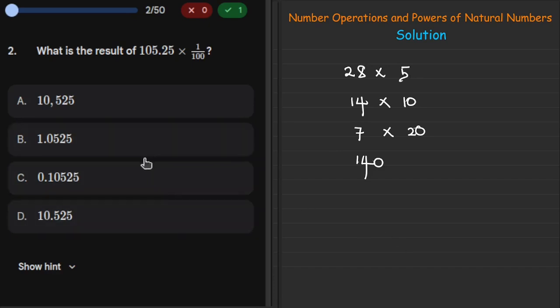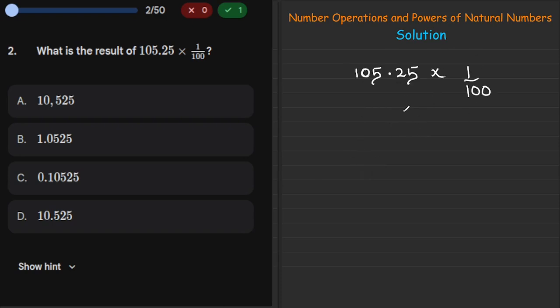Our next question says, what is the result of 105.25 times 1 over 100? This question is testing how good you are with division by 100. Why do I say division by 100? We can rewrite this as all over 1.